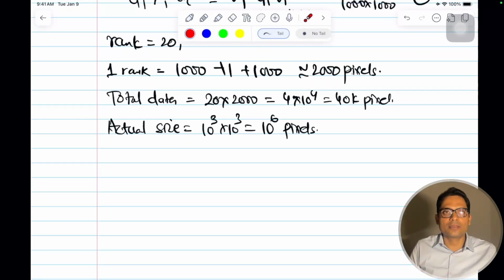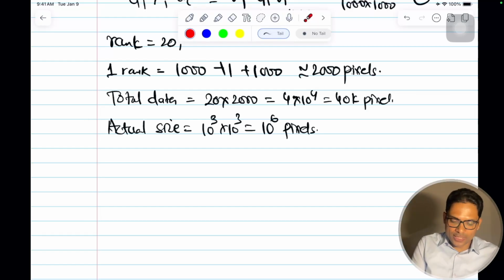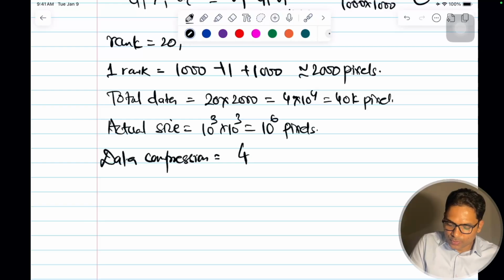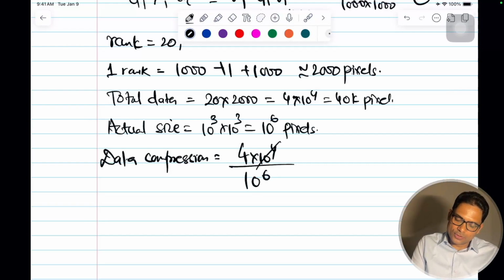So what is the compression that we are doing? The data compression would be equal to 4 into 10 to the power 4 by 10 to the power 6. So this is 4 by 100, that is equal to 1 by 25.